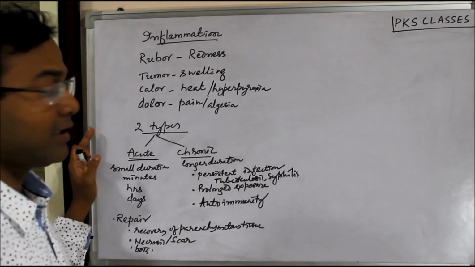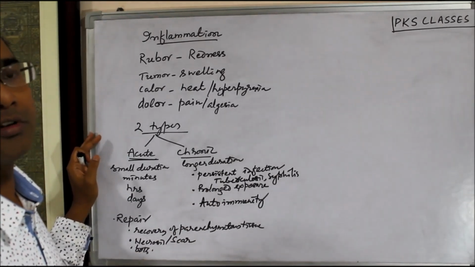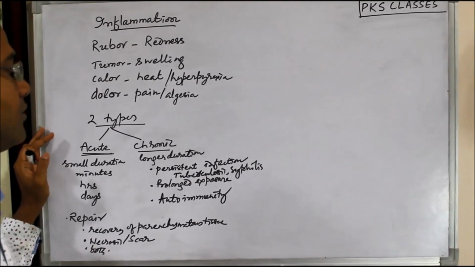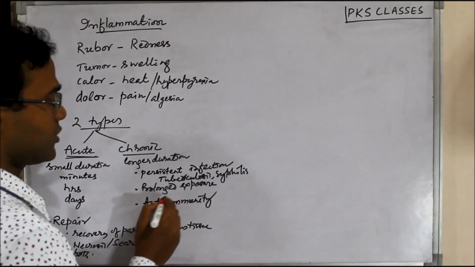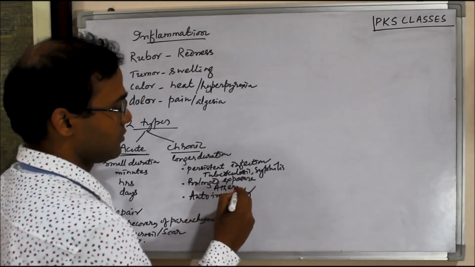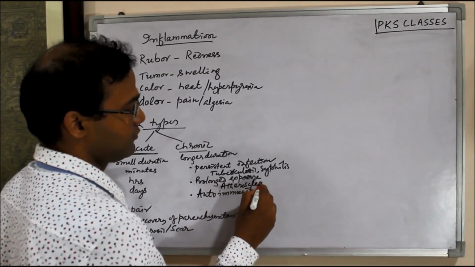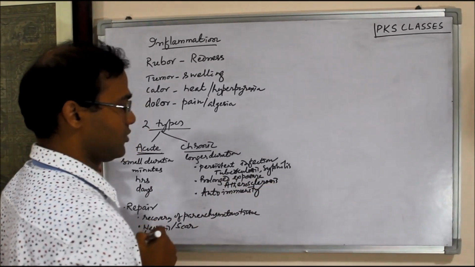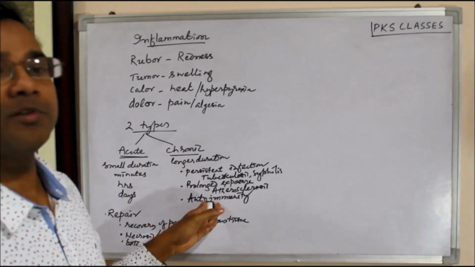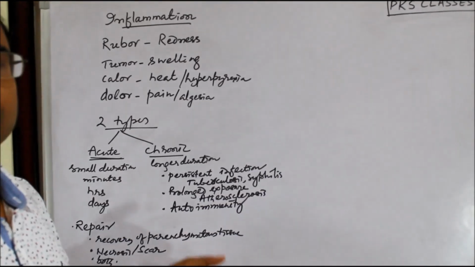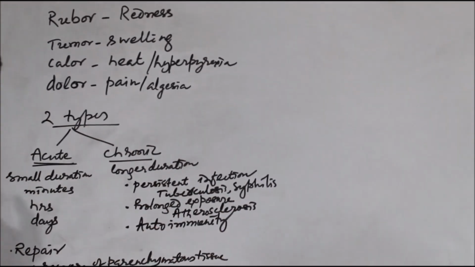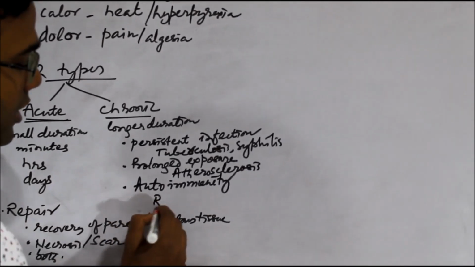And when there is prolonged exposure, for example, prolonged high cholesterol in a person, that leads to atherosclerosis, deposition of cholesterol in the blood vessels. And there may be autoimmunity, where the immune system is directed against the patient's own body parts, in diseases like rheumatoid arthritis.